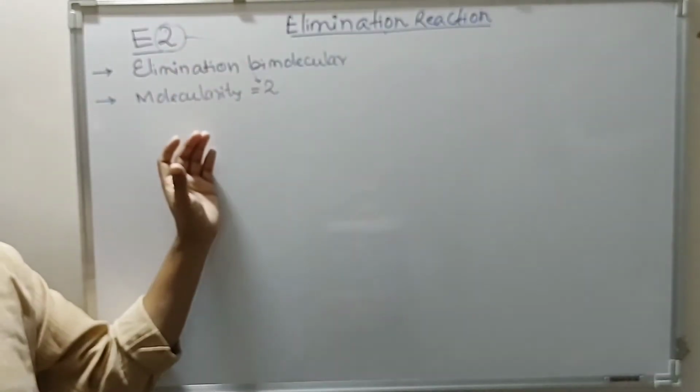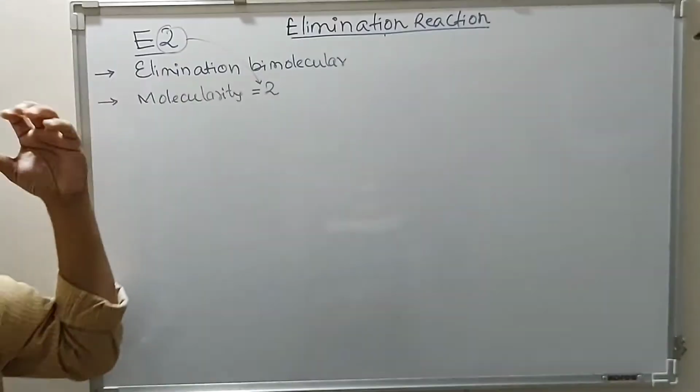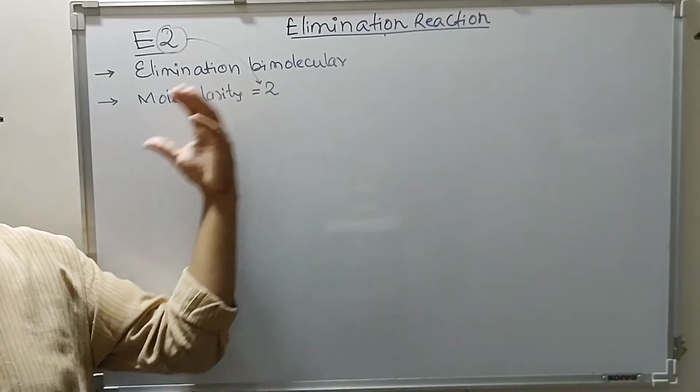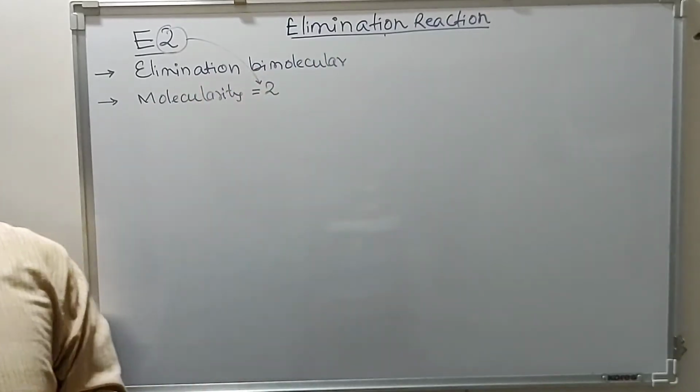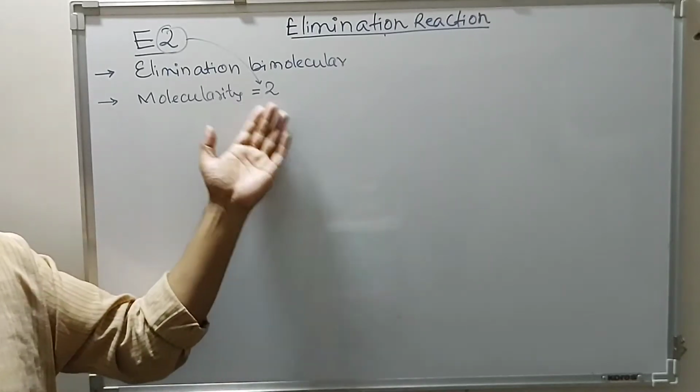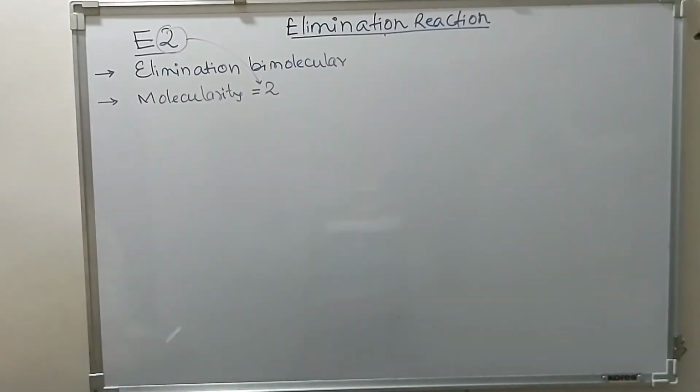So when we take up this mechanism, the molecularity of the reaction, meaning the number of molecules involved in this rate determining elementary step, is 2. So molecularity is 2.